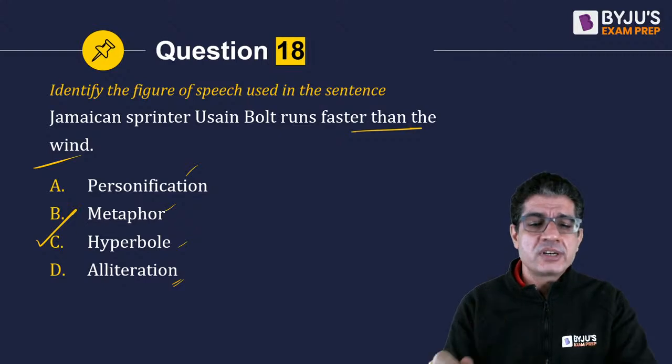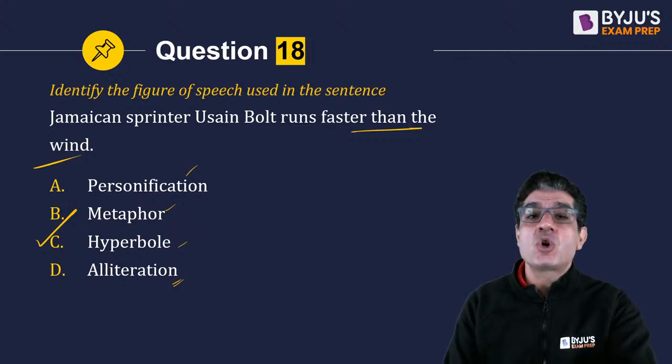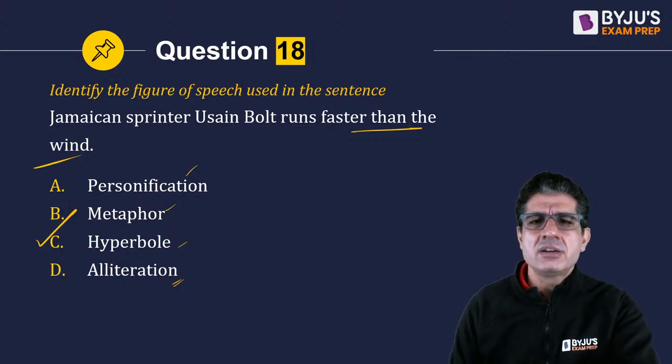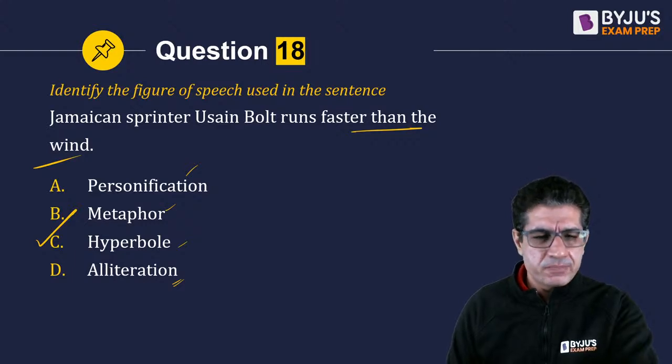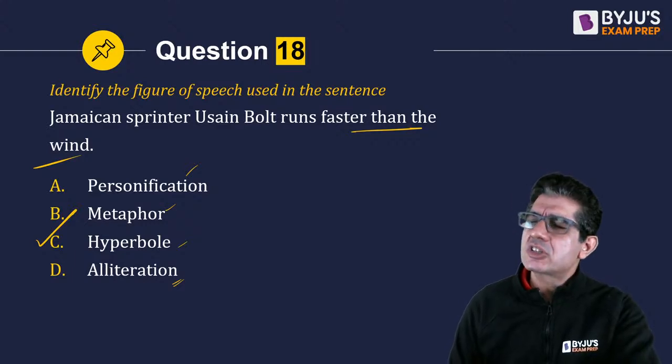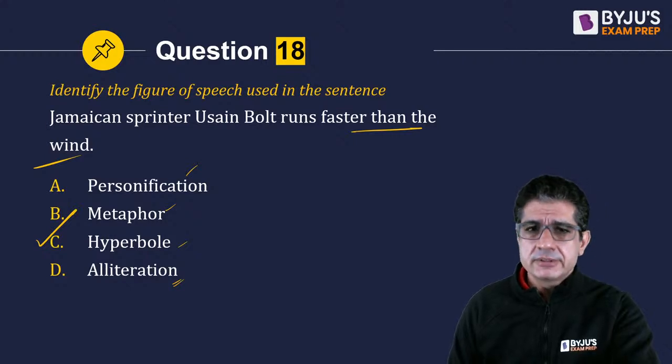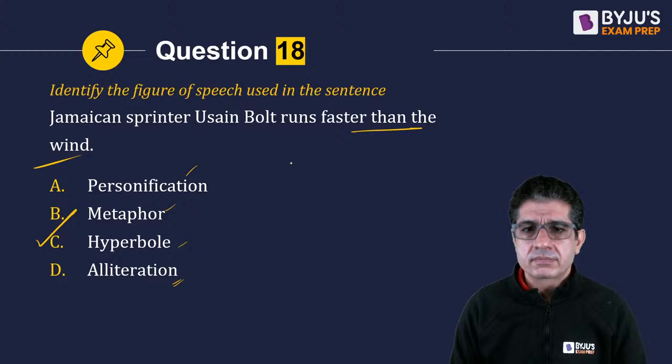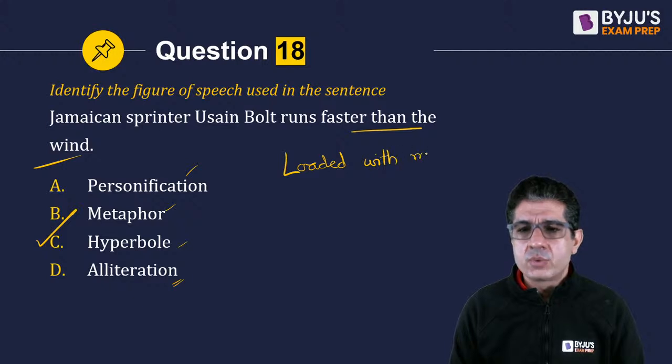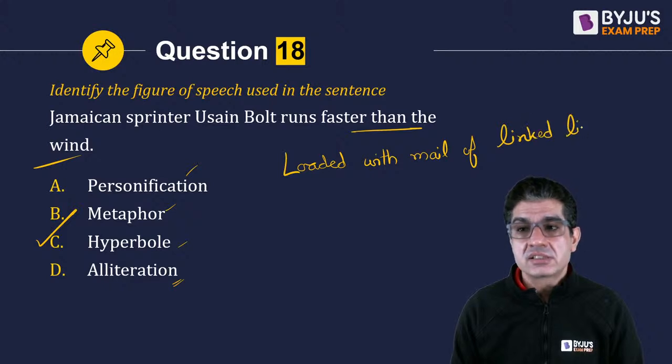Alliteration is when you have two words that happen to have the same consonant sound at the beginning. So I was reading this particular poem. The first line of the poem actually had alliteration. It was, loaded with mail of linked lies.